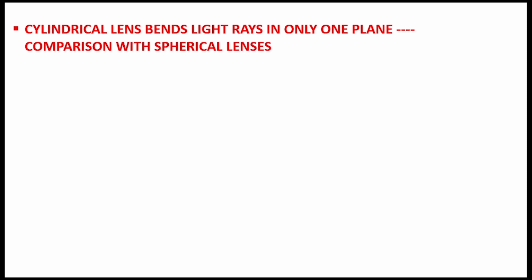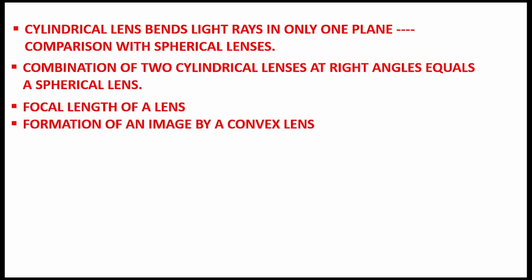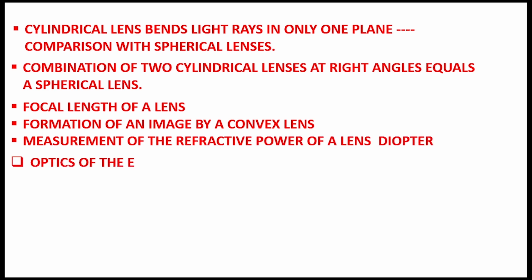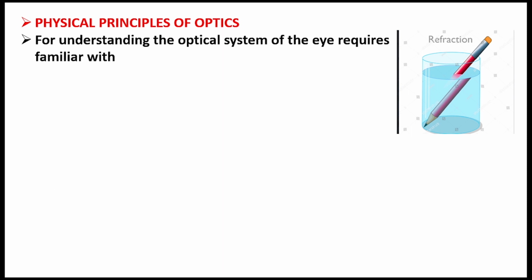Comparison with spherical lenses. Combination of two cylindrical lenses at right angles equals a spherical lens. Focal length of a lens. Formation of an image by a convex lens. Measurement of the refractive power of a lens, diopter. Optics of the eye. All refractive surfaces of the eye as a single lens. The reduced eye. Physical principles of optics. Understanding the optical system of the eye requires familiarity with basic principles of optics.